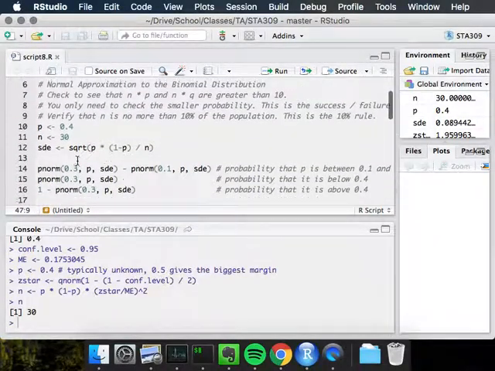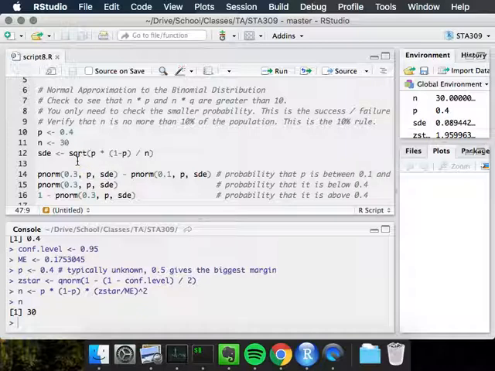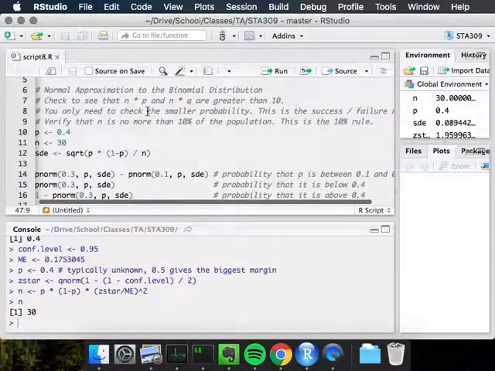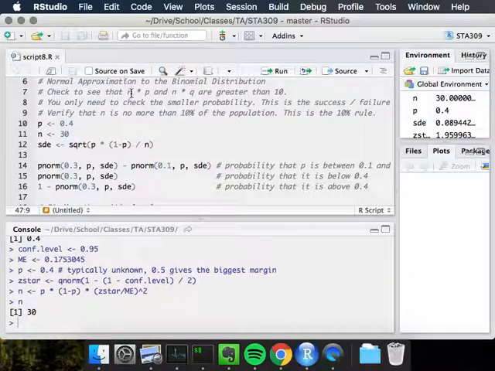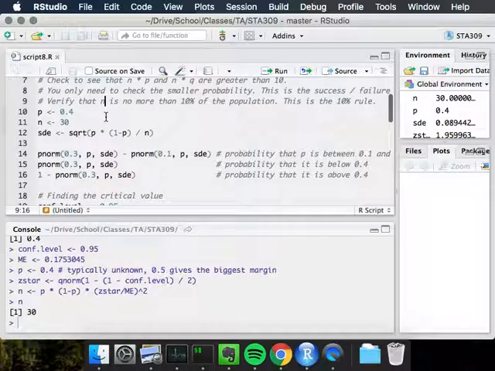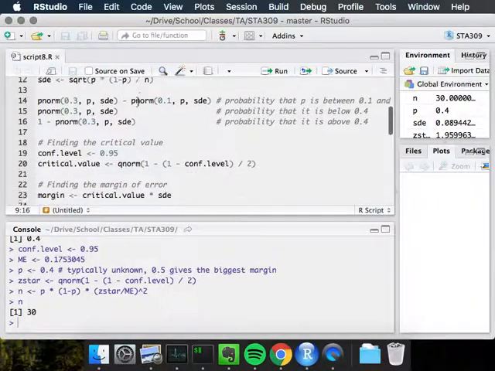You need to understand the normal approximation, and you must check that it obeys the rules. I think there might be 3 rules, but the 2 necessary here are that you need to check that n times p and n times 1 minus p are both greater than 10, and that the sample is not more than 10% of the population, which is most of the time fine.